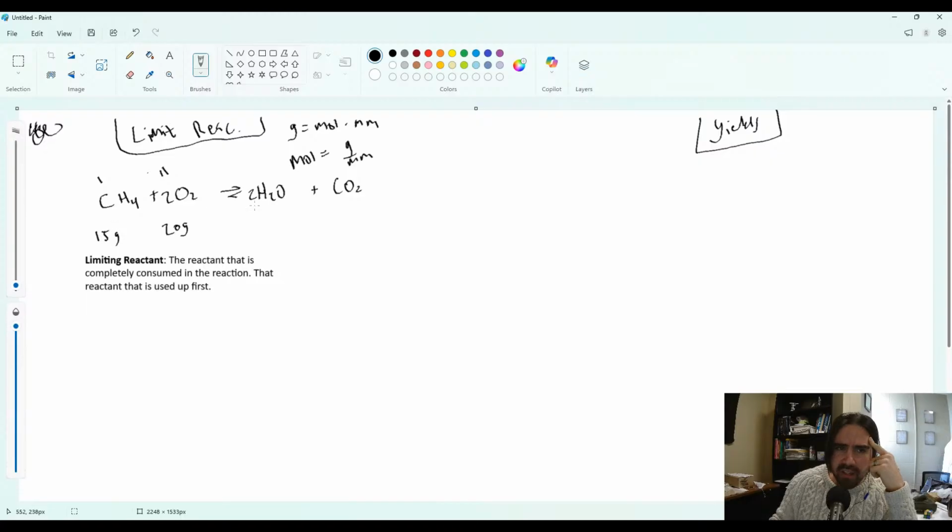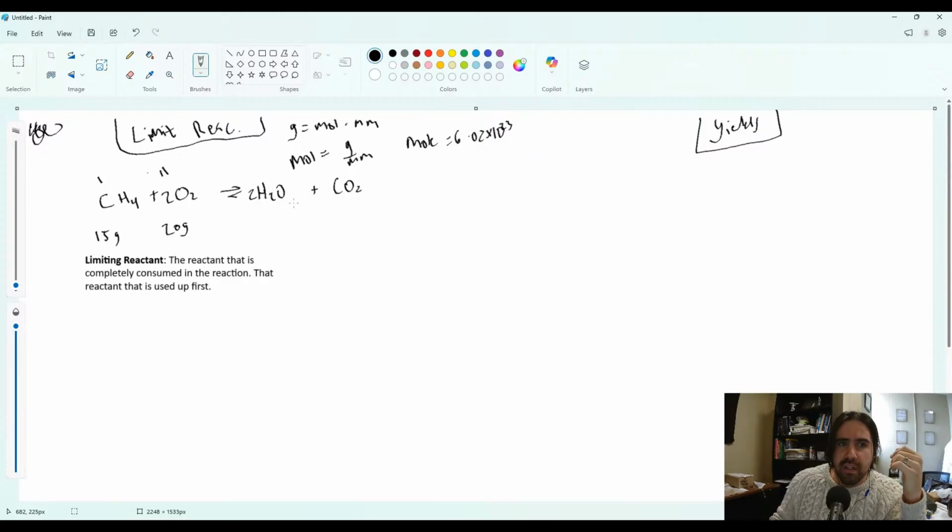Now, each one of these molecules, the coefficients, can also be used to represent moles as well. Because remember, a mole is just 6.02 times 10 to the 23rd things.